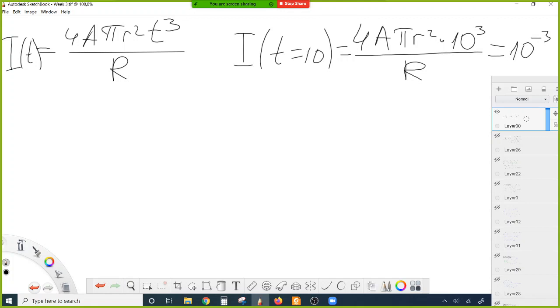We have the numeric value of a, which is given. We have the numeric value of resistance R, which is also given.